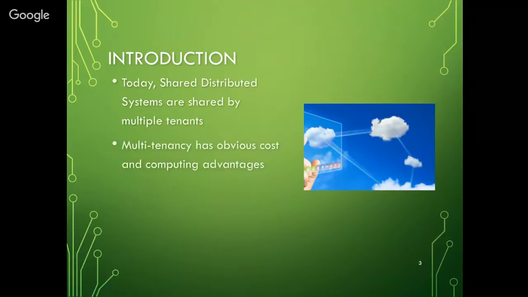Multi-tenancy has obvious cost and computing advantages, but at the same time it comes at a cost, such as sharing fine-grained resources as well as resources across multiple processing machines. Also, a mismatch in management granularity occurs when using traditional resource management mechanisms in the operating system as well as the hypervisor.